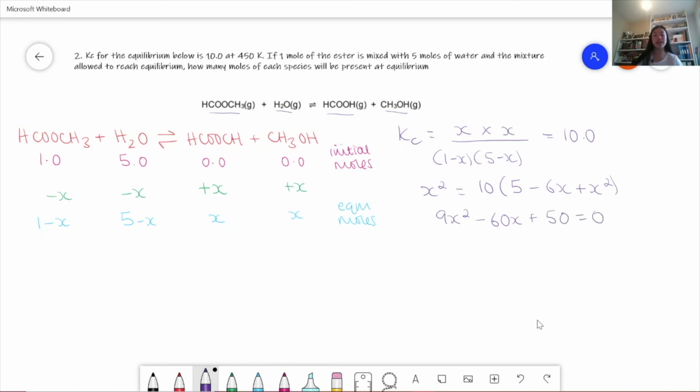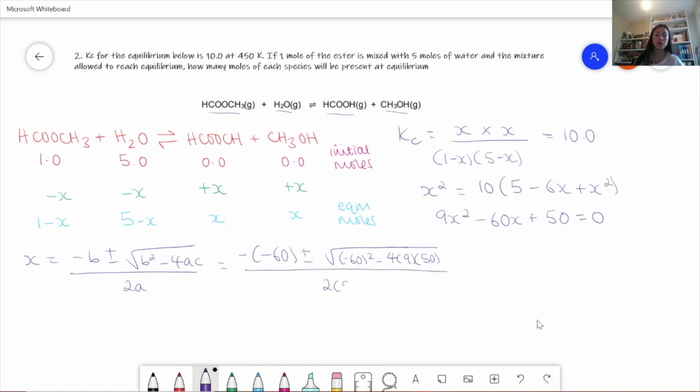So then we plug that into the quadratic equation. So we get x equals minus b plus or minus the square root of b squared minus 4ac over 2a, which is minus minus 60 plus or minus square root of minus 60 squared minus 4 times 9 times 50 all over 2 times 9.